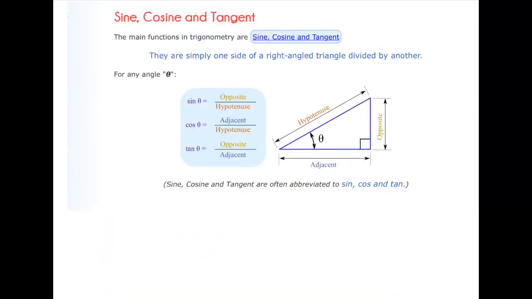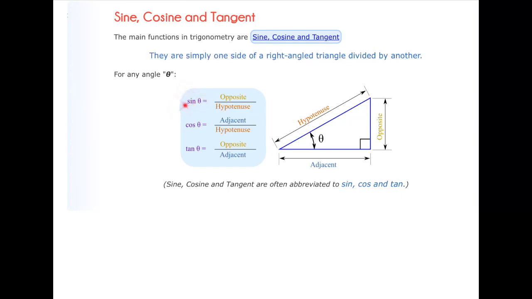So let's see what trig ratios are. Suppose you have a right triangle like this one, and this angle theta. This one is opposite to this angle, adjacent, and the hypotenuse. Then I'm going to define three ratios in this right triangle. We call them trig ratios. The first trig ratio that we're going to define is called sine.